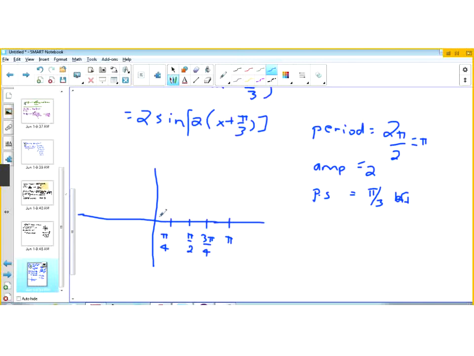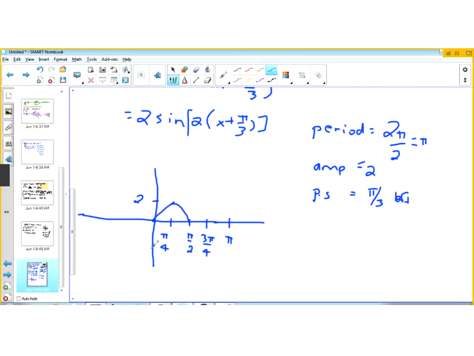All right, and then we draw one complete period of the sine function on this interval. In one complete period, the sine function starts at 0 and goes up to 1, but in this case our amplitude is 2, so it'll go up to 2. In the first quarter length interval, the sine function goes from 0 to max.